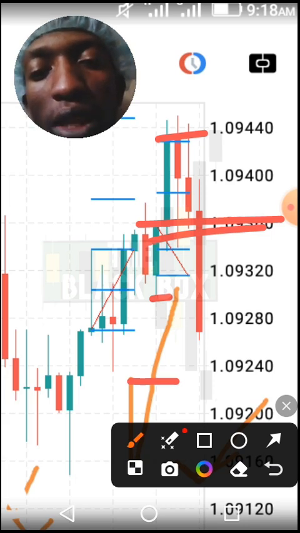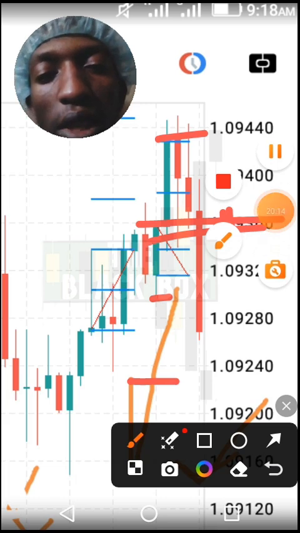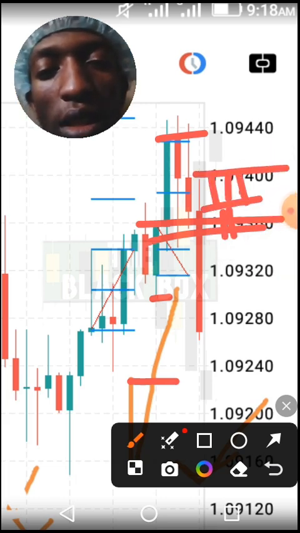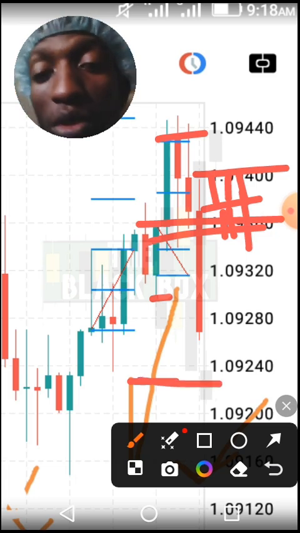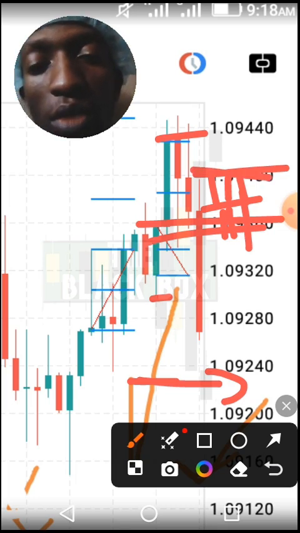Which means if I get a smaller black box up here, I'm gonna enter sell. Why? My TP2 is down there. So I'm gonna target that one, maximizing my profits, not just this one's TP2.